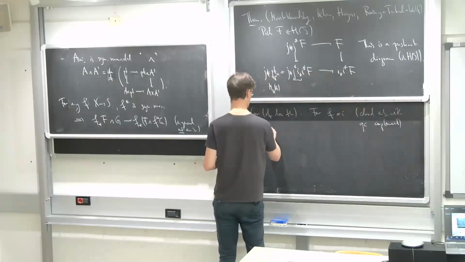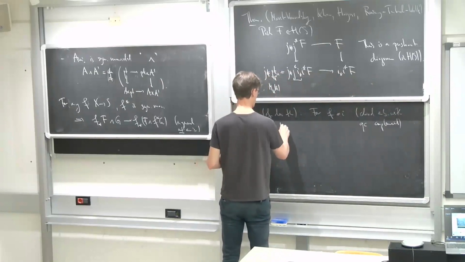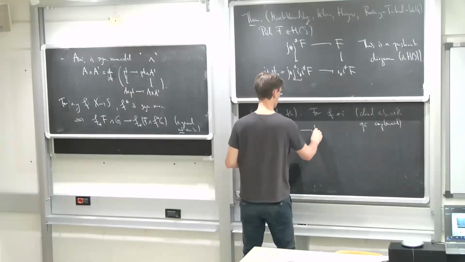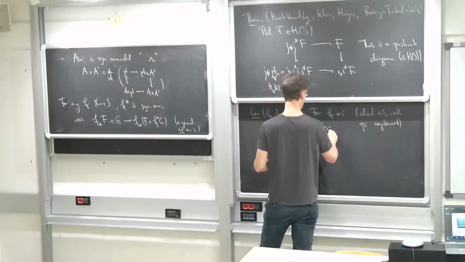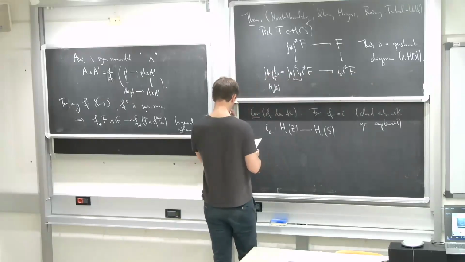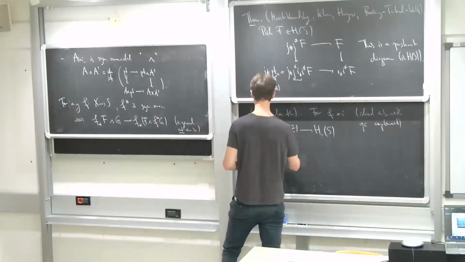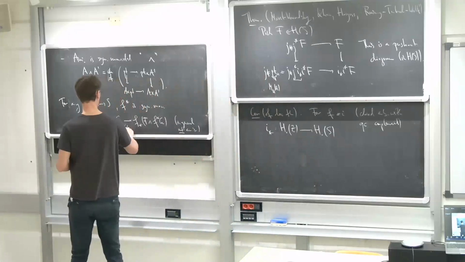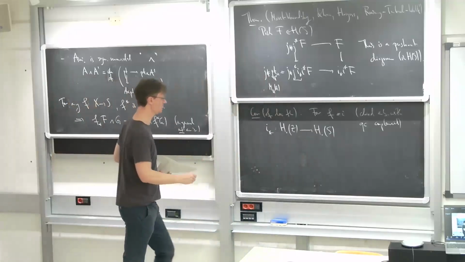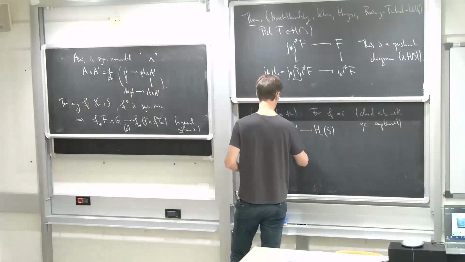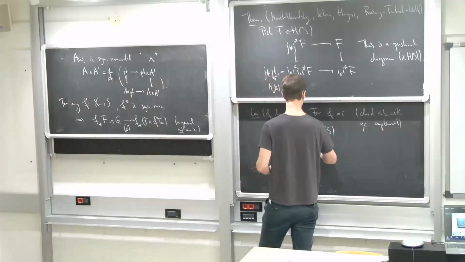Then we can consider this map I lower star from this pointed category on Z to the pointed category on S. And for this map here, this map is actually nice enough. The map I lower star is an isomorphism.